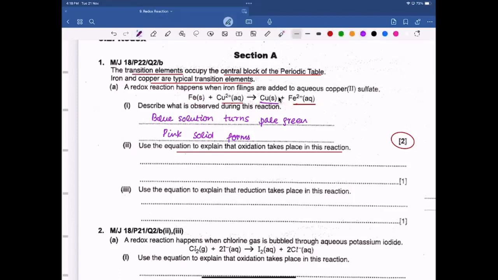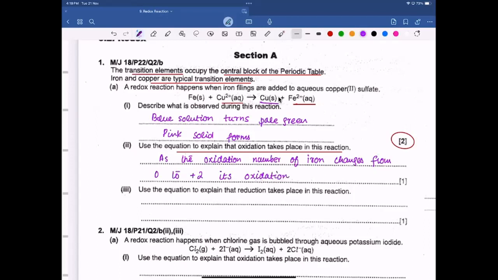We write that the oxidation number of iron changes from 0 to +2, it's oxidation. Is this clear?